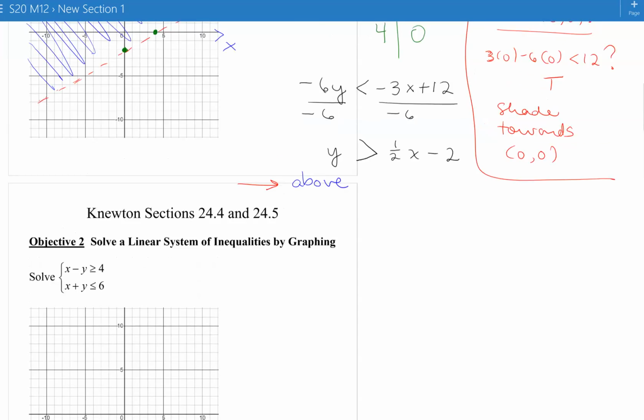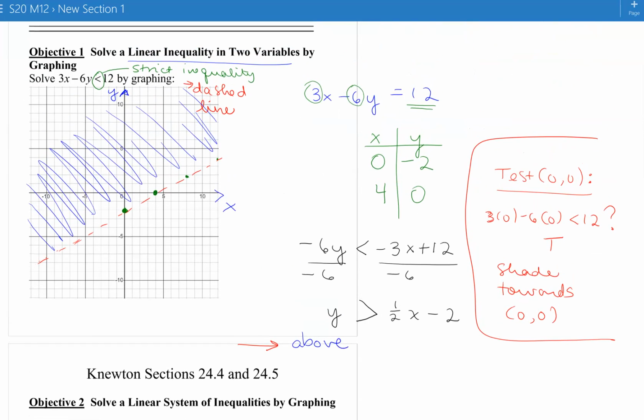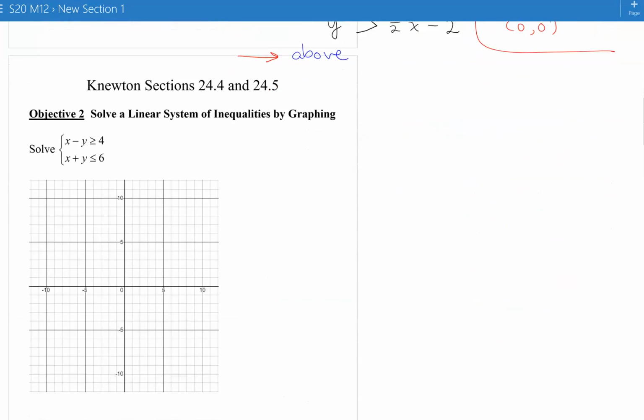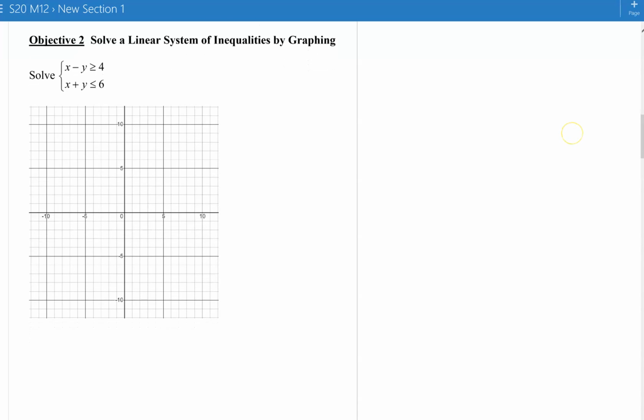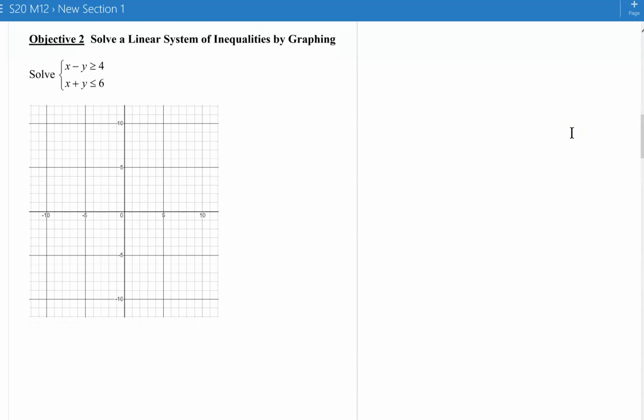Okay, so that was one linear inequality. This is a system of inequalities. And so implied here is "and," so we want the overlap. So we want the intersection of these two sets.